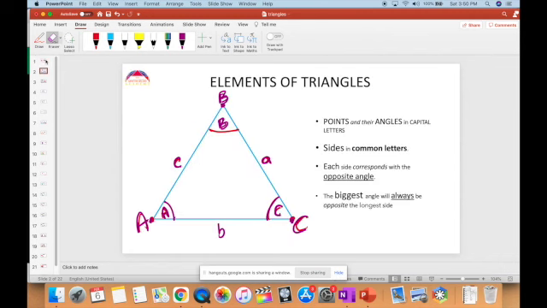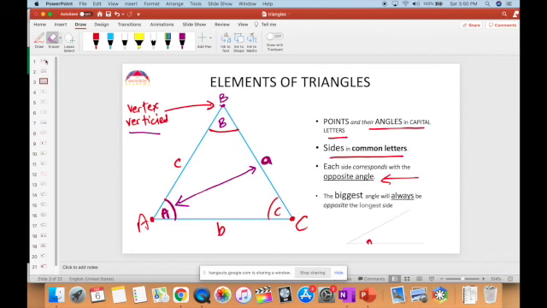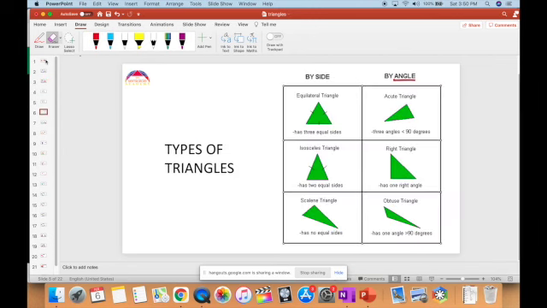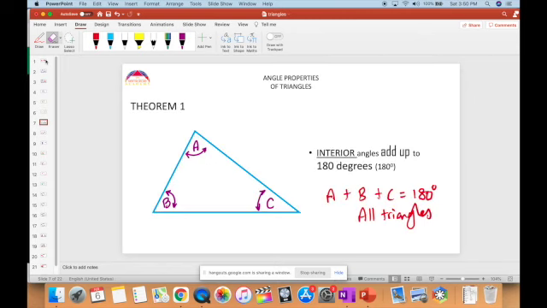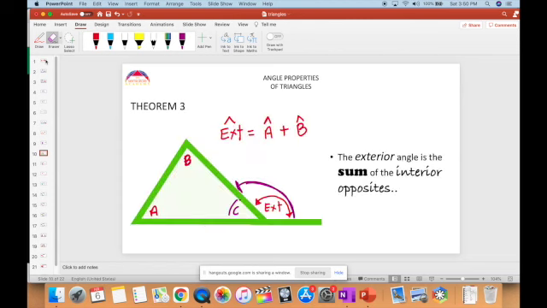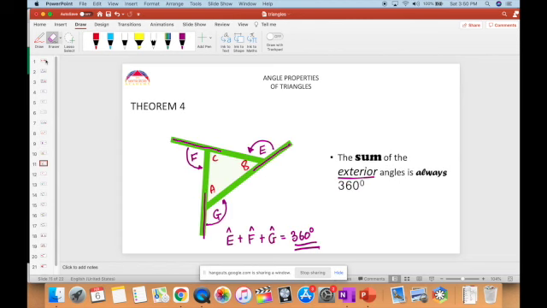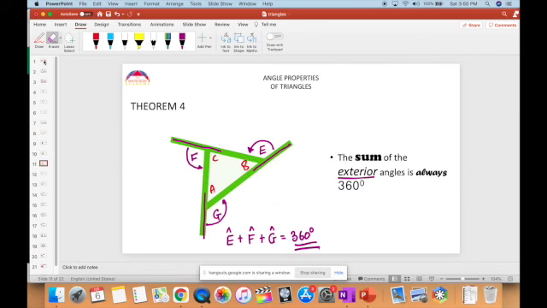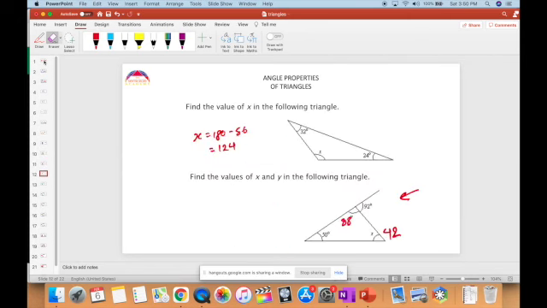So we took a look at the elements of the triangle, and how they named the different parts of it. We took a look at the types of triangles and what makes them special. We took a look at triangle theorems. There are 4 theorems that we took a look at, right? Sum of interior opposites, sum of exterior angles.